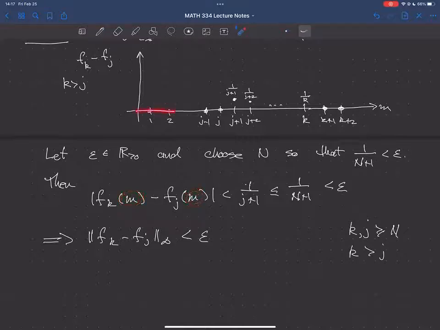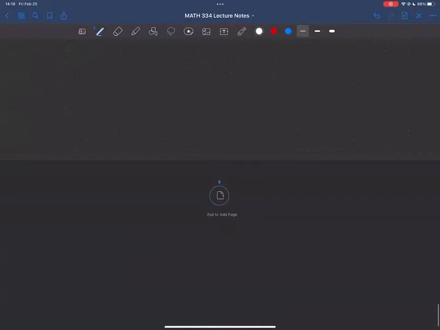That's what my graph here shows, right? So this is true for every m. And if it's true for every m, then the infinity norm also satisfies that inequality. Okay, good. So that's a Cauchy sequence. Again, if you draw the graph, it's immediately clear. All right, now I should show that it doesn't converge.